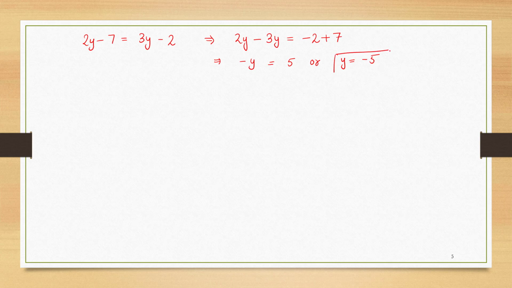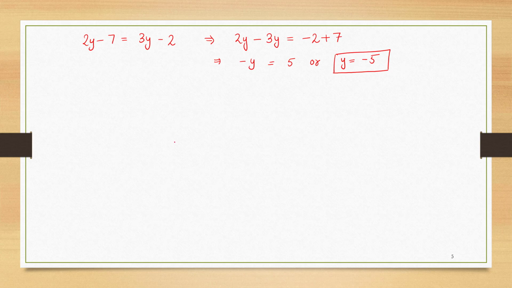So this implies the 2y here and this 3y when it comes to the left side will be negative. On the right side we have minus 2 and 7 when it comes to the right side becomes plus 7. So we get minus y is equal to 5 or y is equal to minus 5.